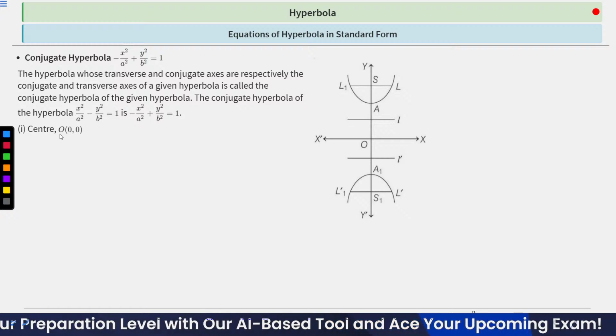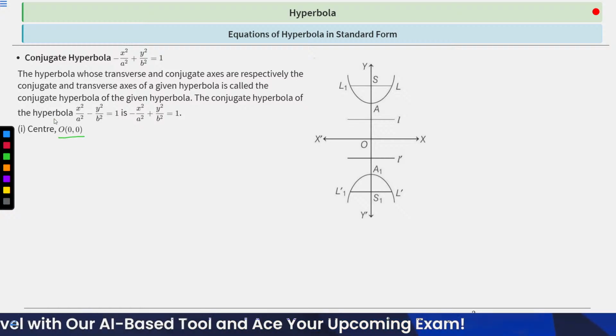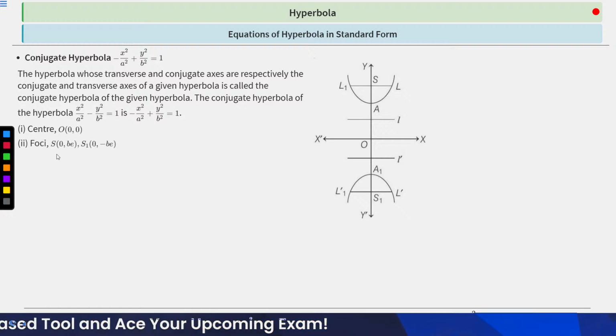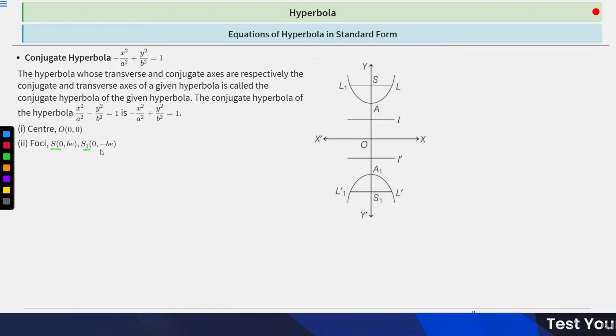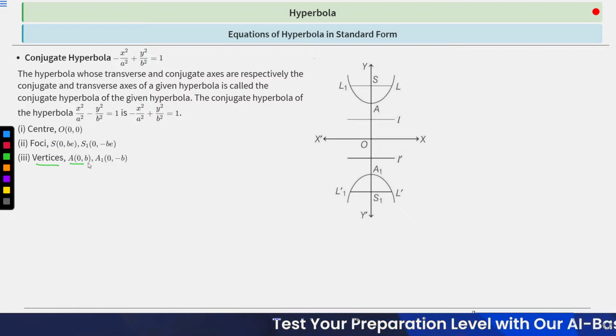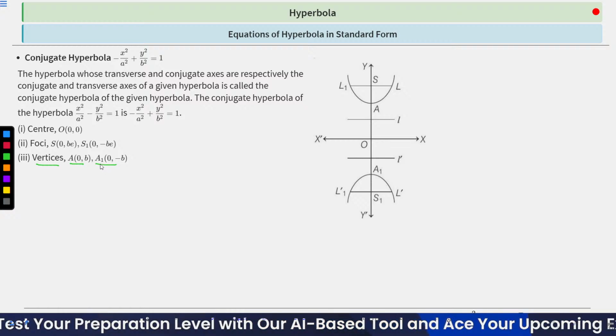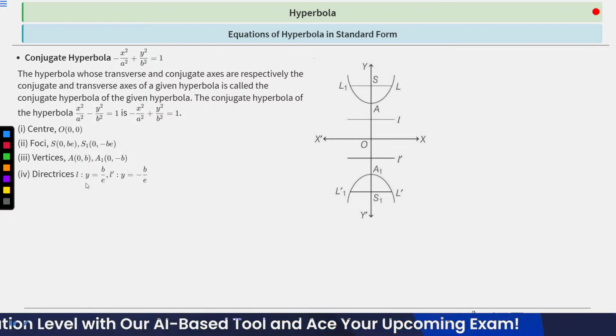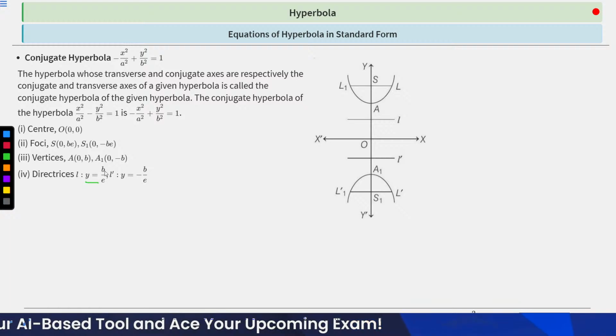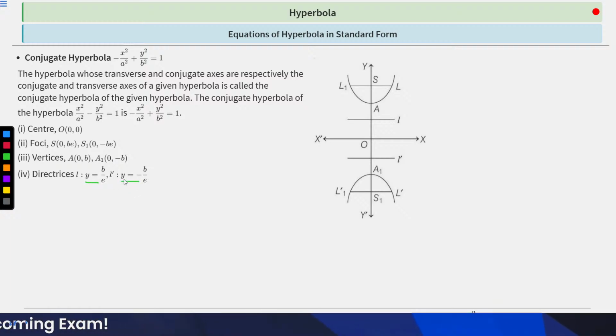Now, the center will be at the origin (0, 0). Foci S and S1 will be at (0, be) and (0, minus be) respectively. Vertices at A (0, b) and A1 (0, minus b). Directrices y is equal to b by e and y is equal to minus b by e.